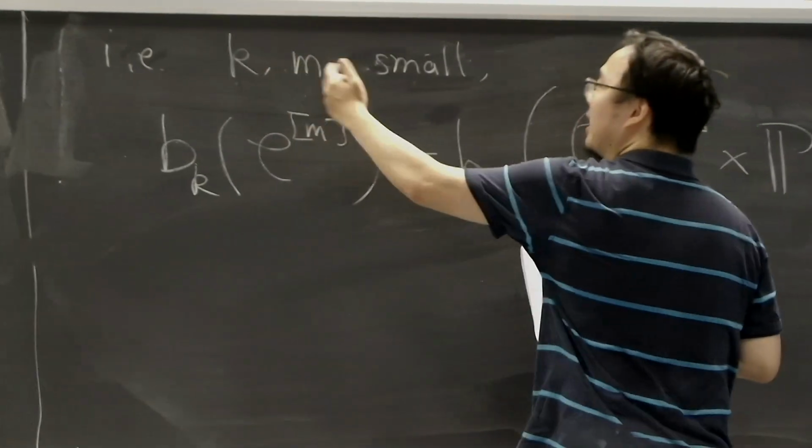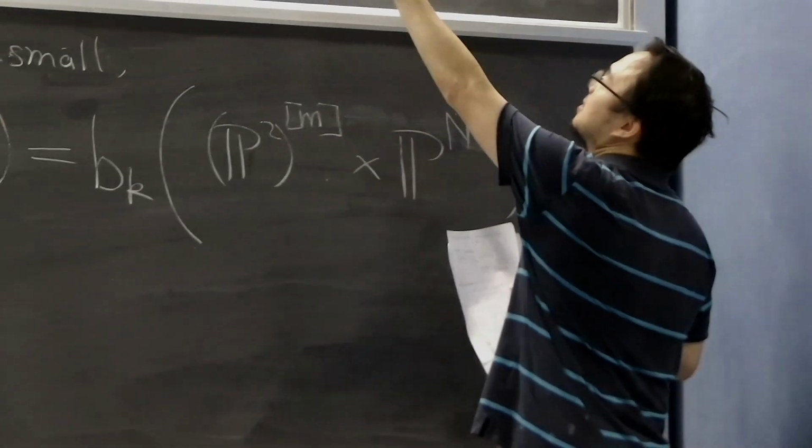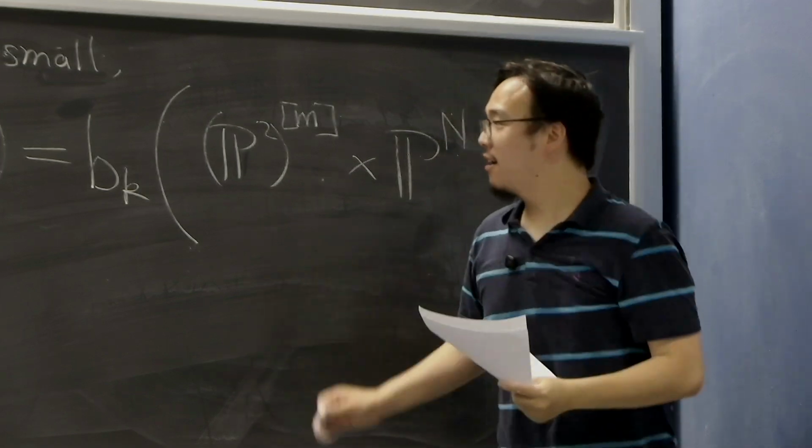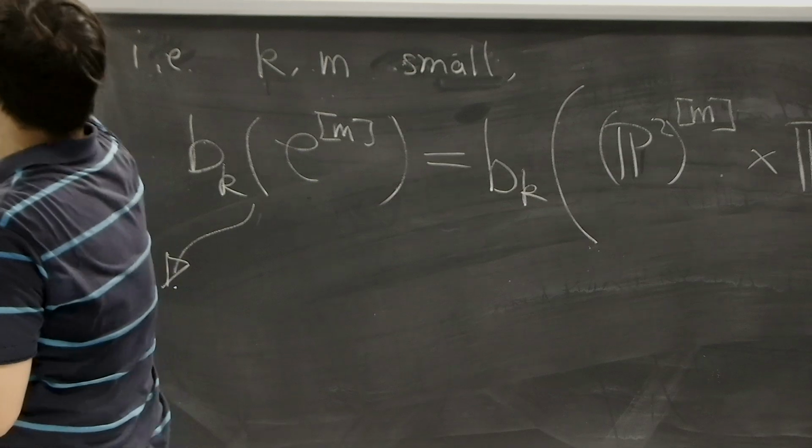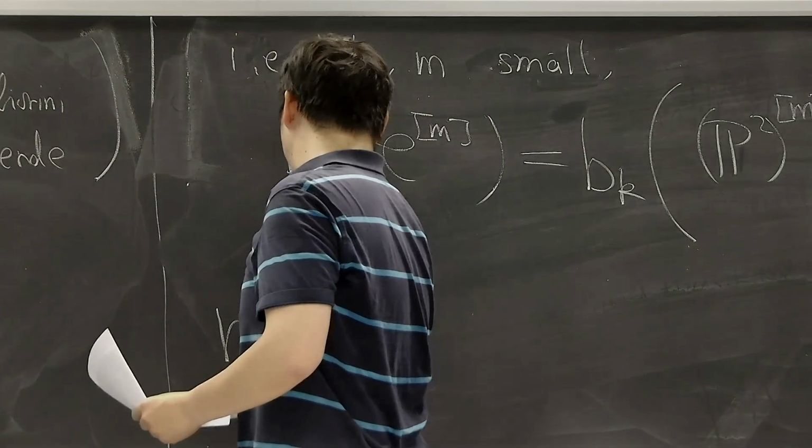The bounds for K and M rely on the explicit analysis of this morphism, which I omit here.